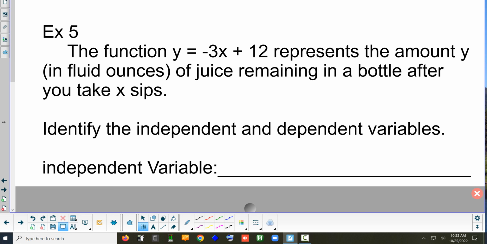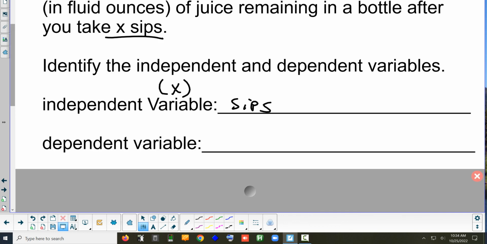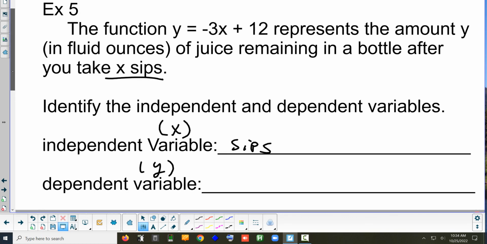And in this problem, is x the ounces or is x the sips? Sips. So the independent variable is the x, and they told us that x is the amount of sips you take. The dependent variable is the y. And what did they say that the y variable is in our problem? Yeah, it's the ounces.